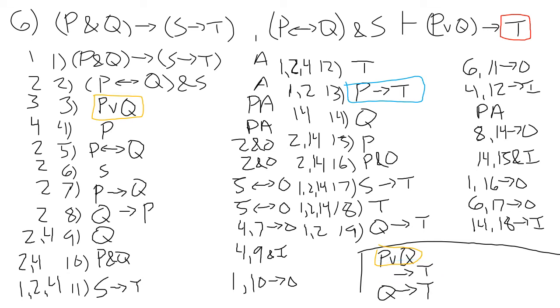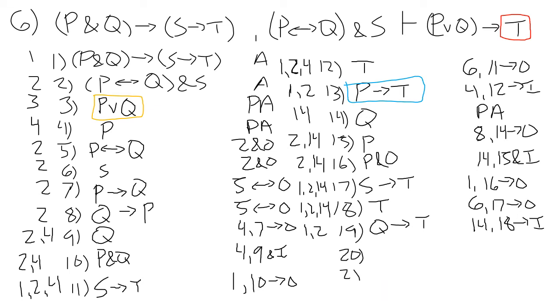I'm going to need to erase this again. Give myself a little bit of room. So now we've got our other conditional statement here. And we can write T from 3, 13, 19, wedge out.